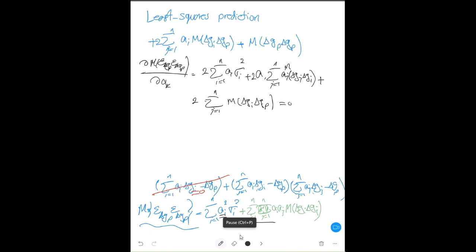Now this term should be zero to obtain a_i. This term, the average of delta G_i delta G_P, is a covariance between delta G_i and delta G_P, and the other term here is actually the covariance between delta G_i and delta G_j.